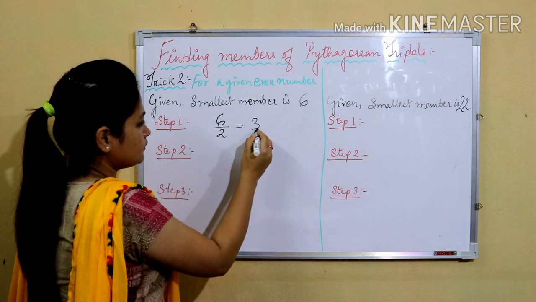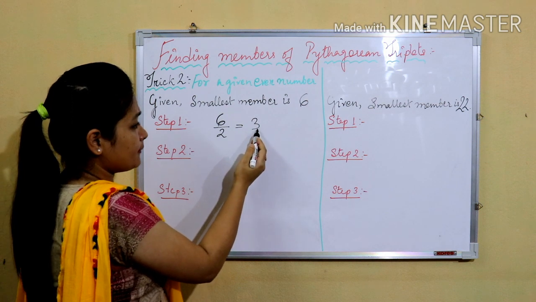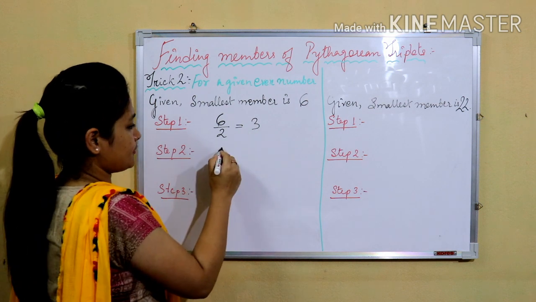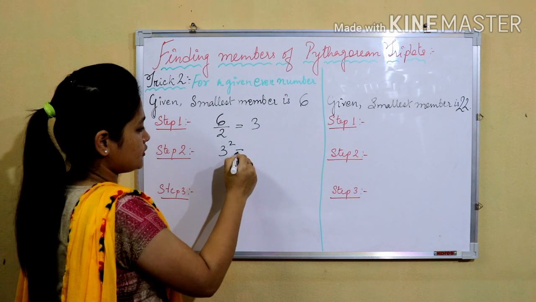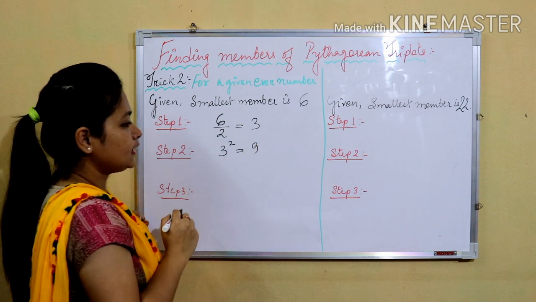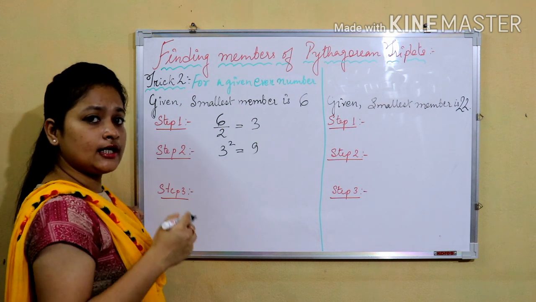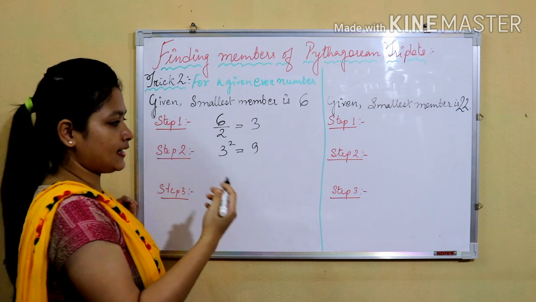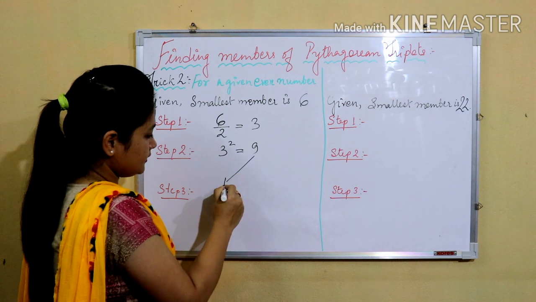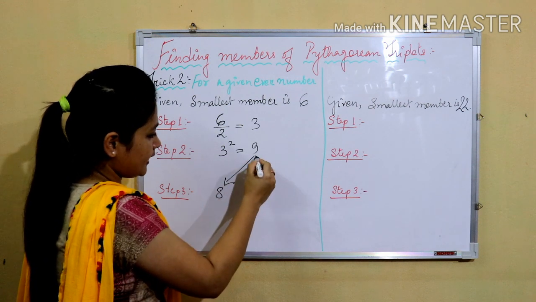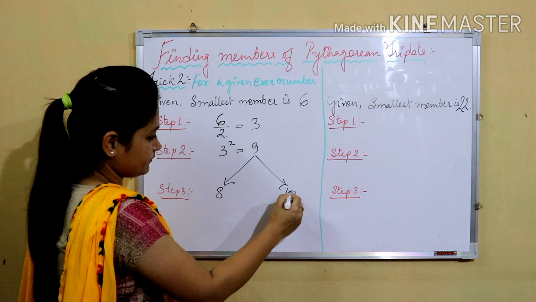Now the number that we got, 3, we will square. That means 3 square, which will give you 9. Now 9 is a whole number, and we will think between which two whole numbers this 9 lies. So this 9 lies between 8 and 10.